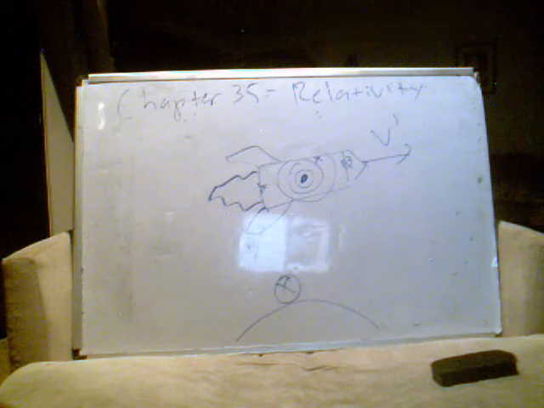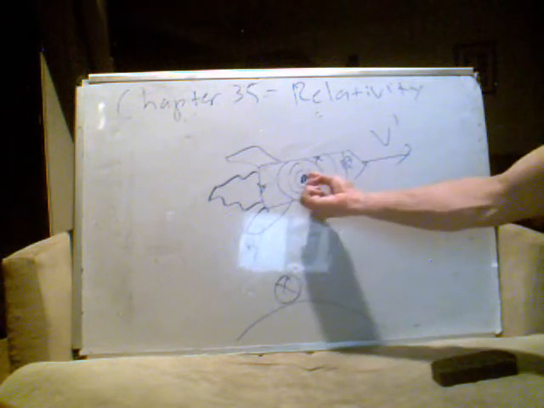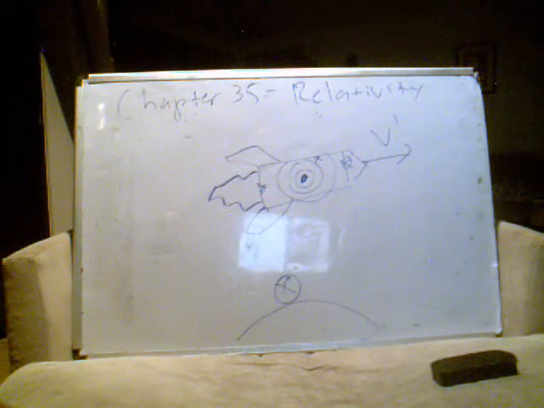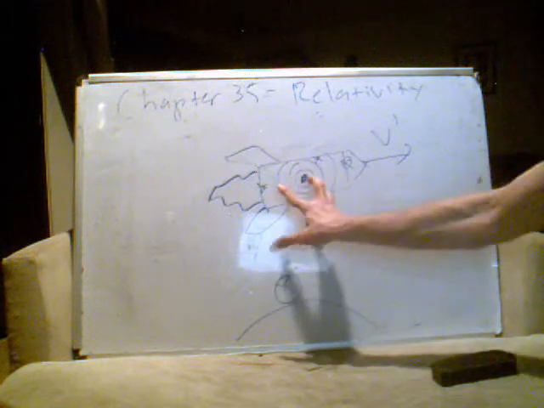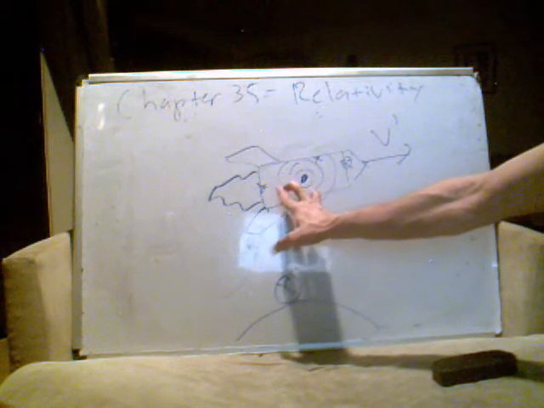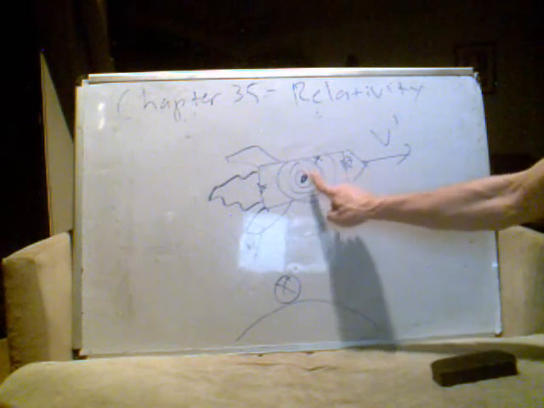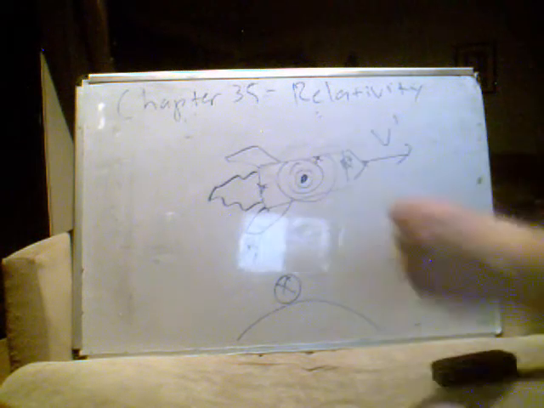And the back of the ship, or rather the light moving toward the front of the ship and the light moving toward the back of the ship, are going to be moving in opposite directions. And thus, as time goes on, the back will appear to become illuminated first because the back is moving in the same direction as the ship, but in the opposite direction of the light.